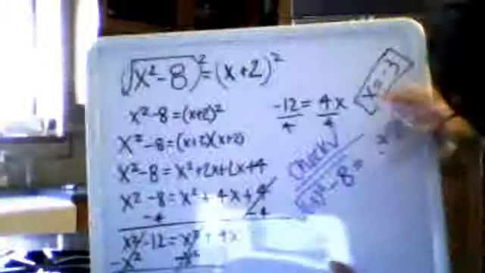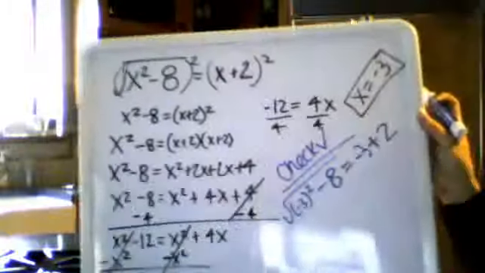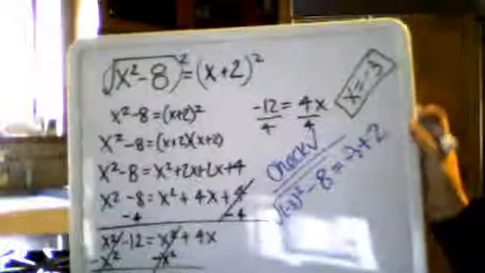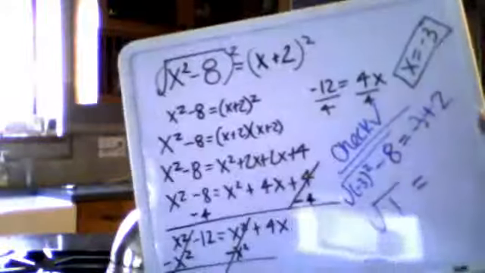So you have your negative 3 back in there. Negative 3 squared will get you 9. Minus 8 will be under the radical of 1 equals negative 3 plus 2, which is a negative 1.